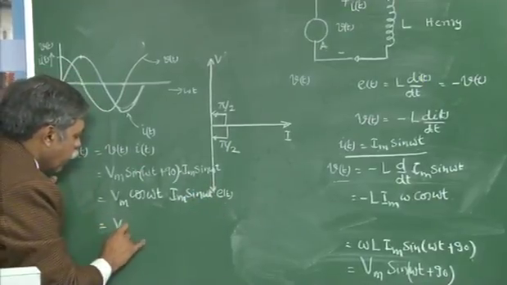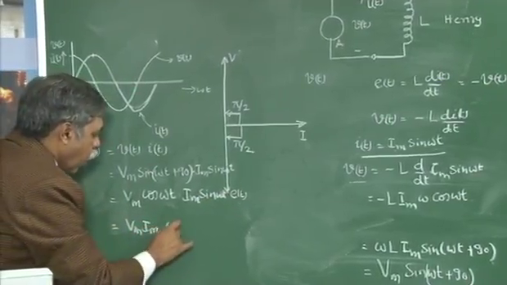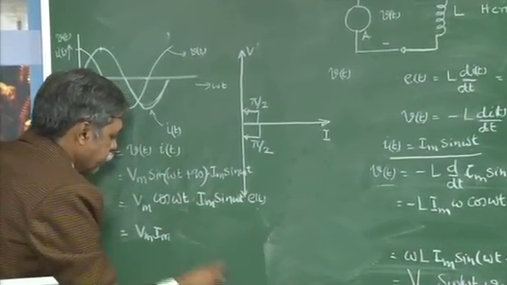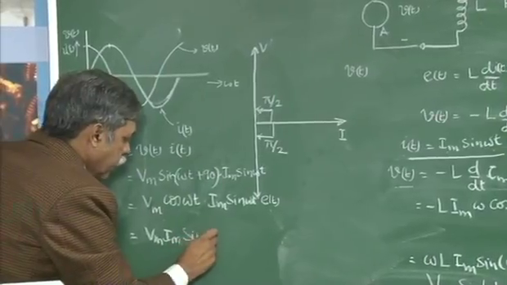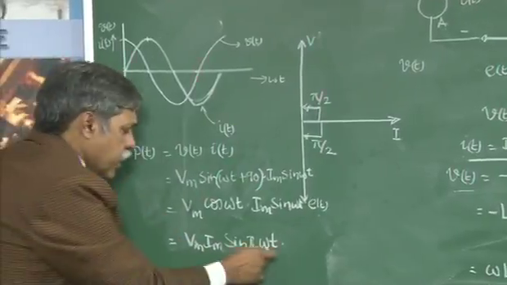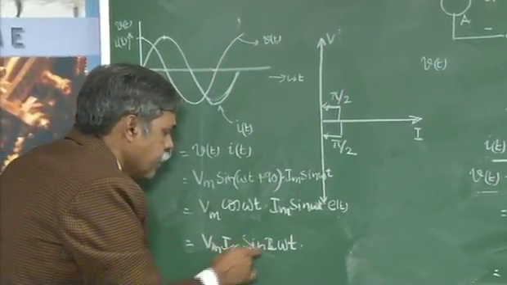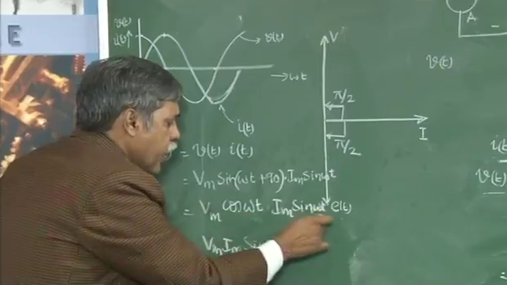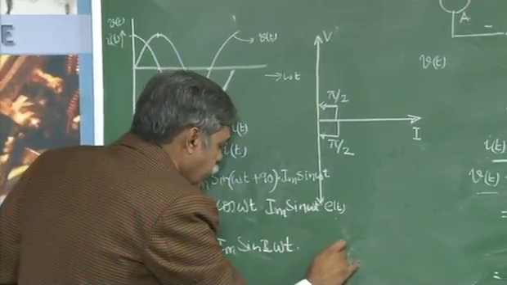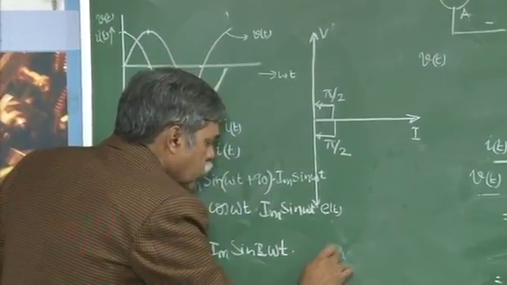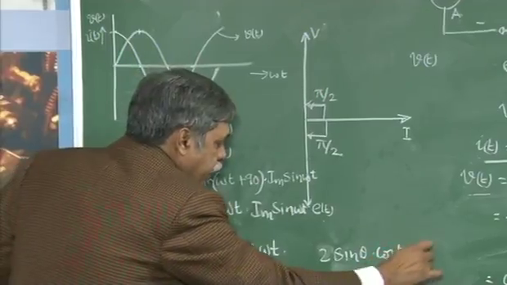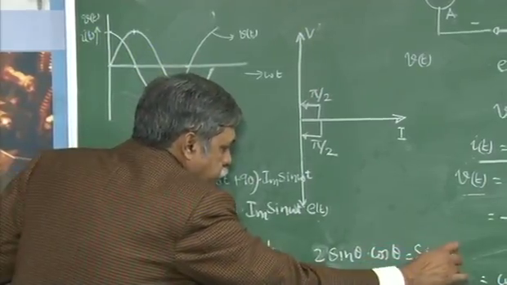So this is Vm Im sin 2 omega t, I am sorry, actually it is half of sin 2 omega t, because I have just cos omega t and sin omega t. We have in trigonometry the identity that 2 sin theta cos theta can be written as sin 2 theta.